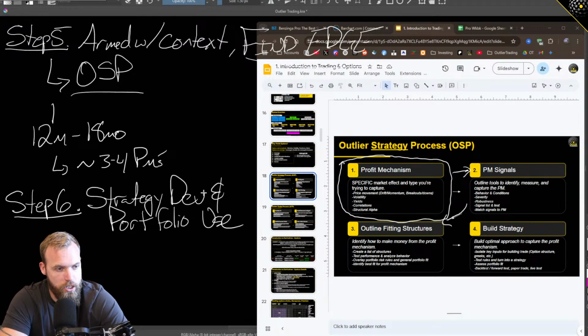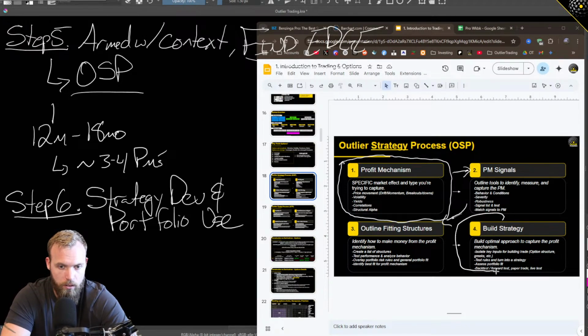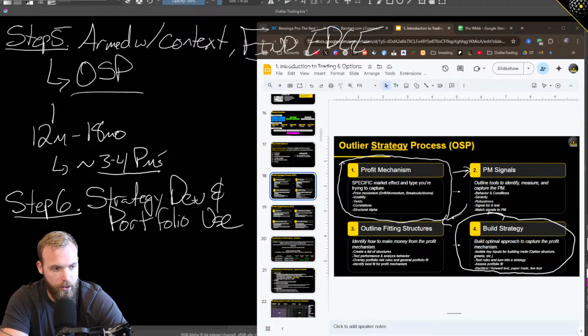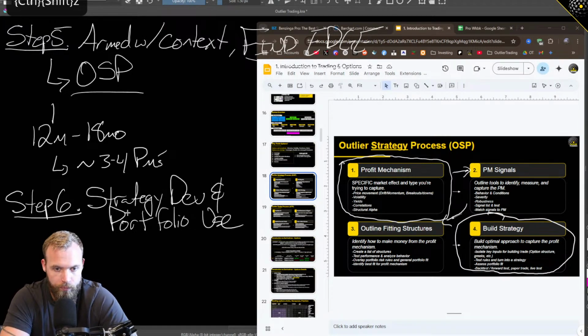Now, strategy development in this context is taking this step here for these 3 to 4 profit mechanisms, and it's making sure that they then work together at the portfolio level.